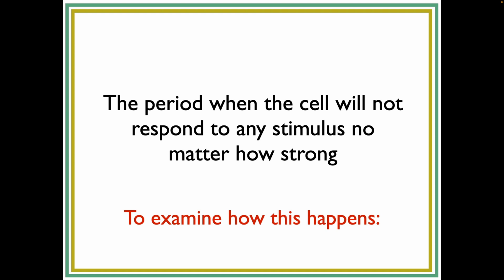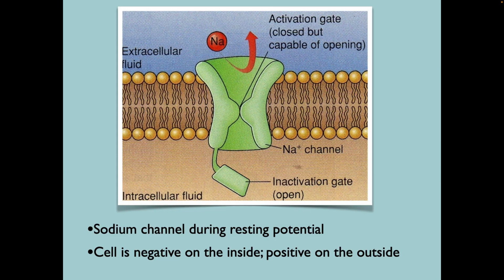So very briefly, how does this happen? This is our sodium gate. Here's inside the cell, outside the cell, here's the membrane, here's the gate, the sodium channel. This is resting potential. Who remembers during resting potential, are there more sodium ions outside or inside? Outside. And what's the concentration of positive ions on the inside? Potassium. Just a little reminder, it actually doesn't matter for this.